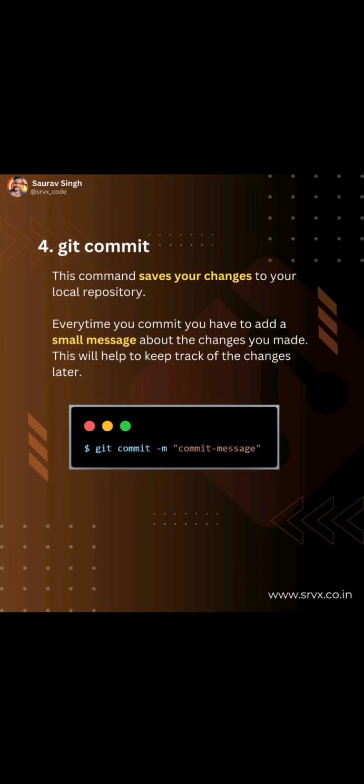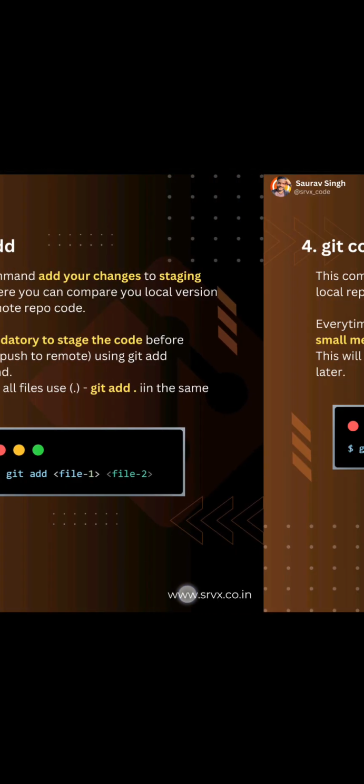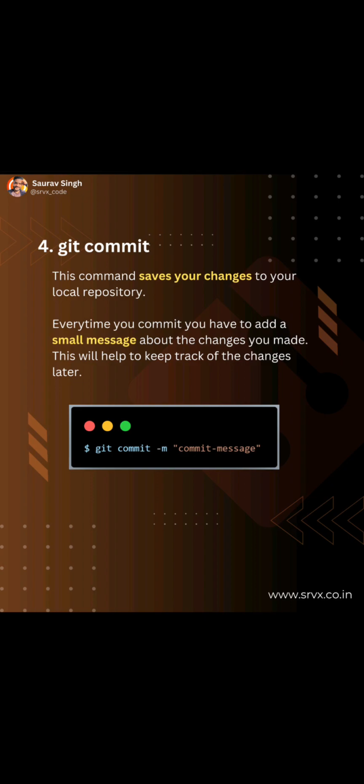So git commit: after the add command you have to use the git commit command to commit, or save, the code. It doesn't mean that your code is pushed to the repository; you have to push it later. But for the time being, it will save the code.